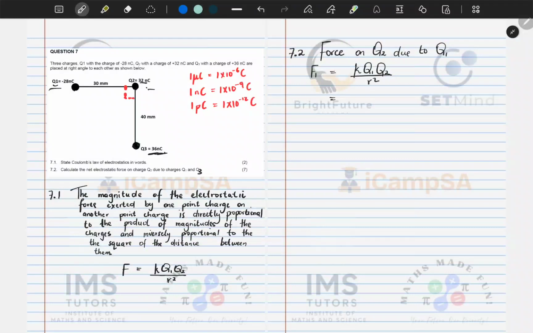Then you sub in 9, then you have 28, that's Q1, times 10 to the negative 9, and 32. Notice I do not include the signs of the charges. That's typically how you do it for electrostatic force.